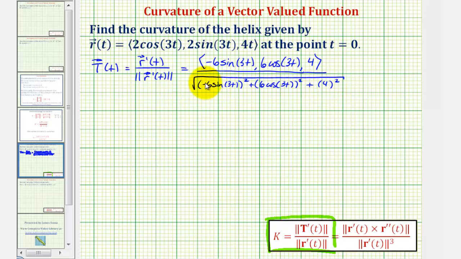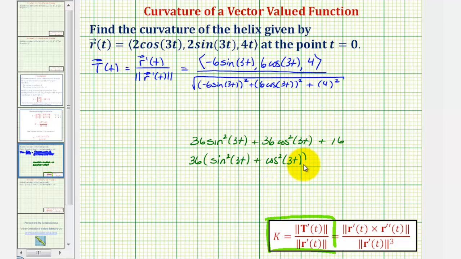If we square each of these, we would have 36 sine squared 3t plus 36 cosine squared 3t plus 16. Now looking at just these first two terms though, notice how if we factor out 36, we'd have 36 times the quantity sine squared 3t plus cosine squared 3t.